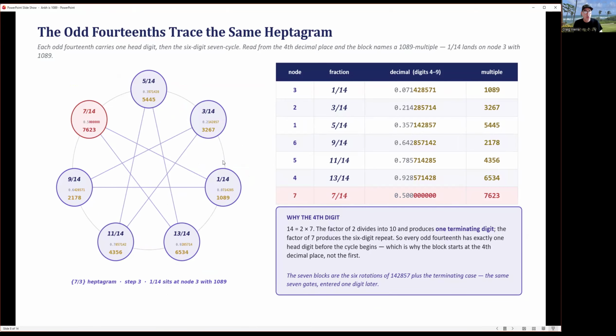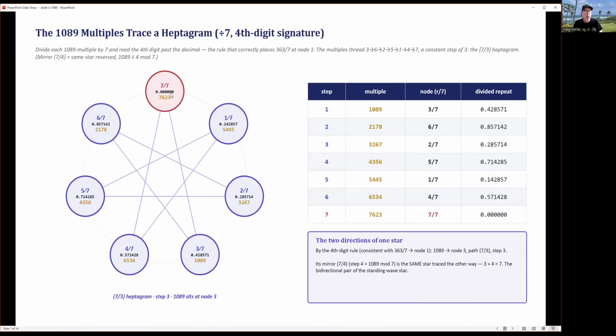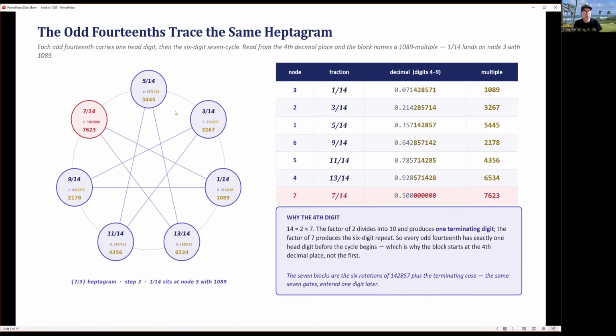I'm going to show you, because mathematically 1/7 could be 2/14. This could be 4/14, 6/14, this 8/14. These are just where I'm reducing them down. And we consider then the odds: 1/14, 3/14, 5/14, 7/14, and so forth.